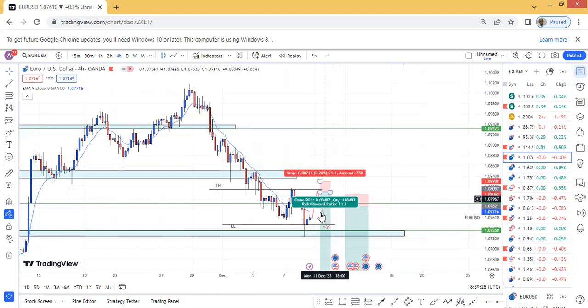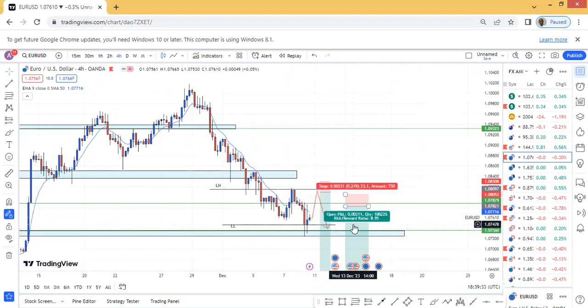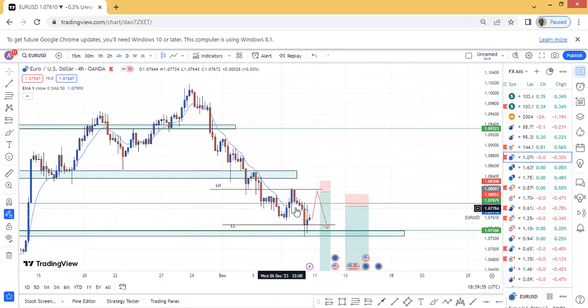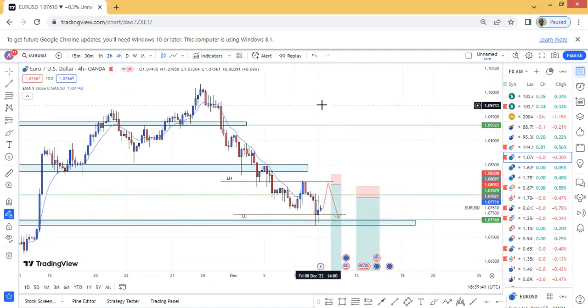The market is going to either pull back into this region, form an equal low, and then break down, or maybe just to this zone and break downwards. Why am I anticipating the market will come to this region?